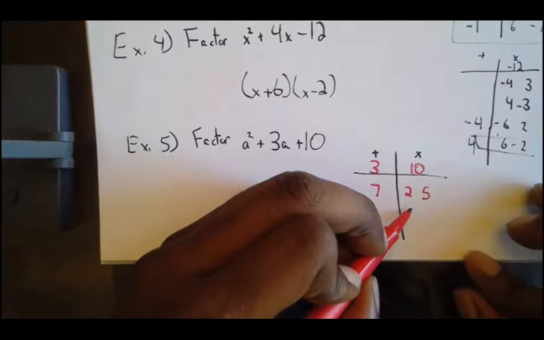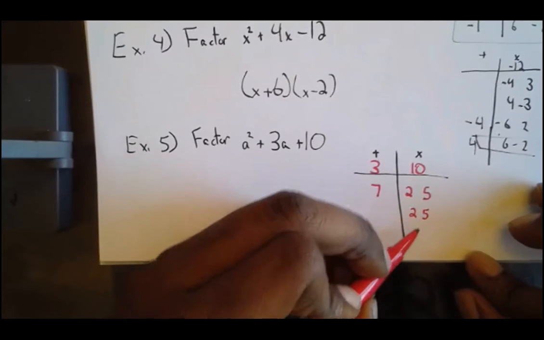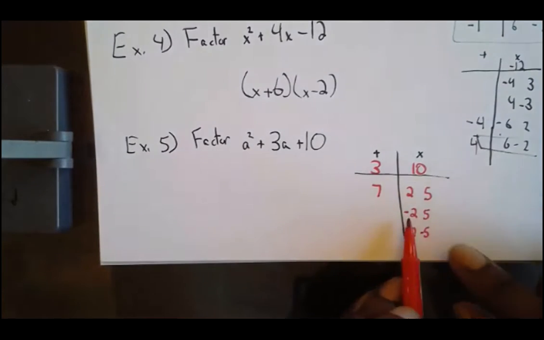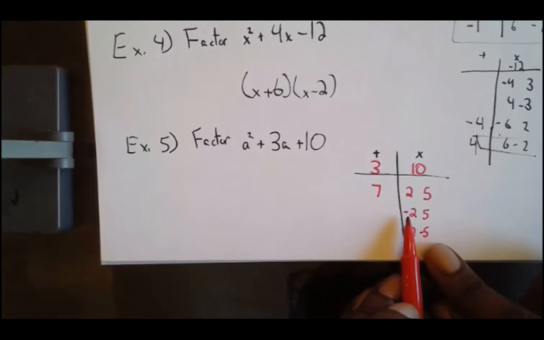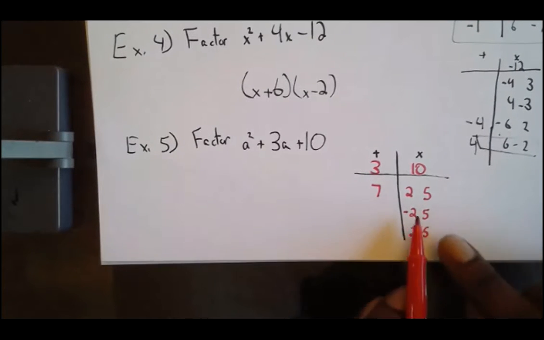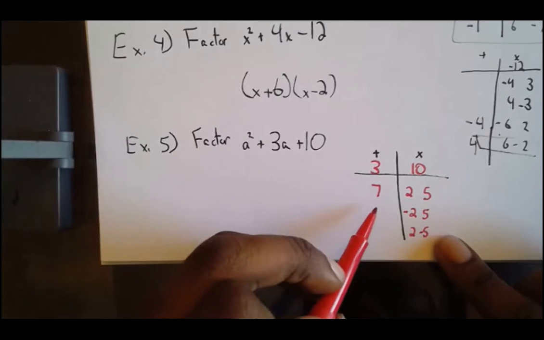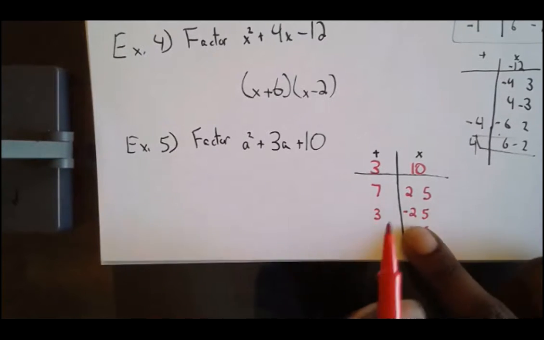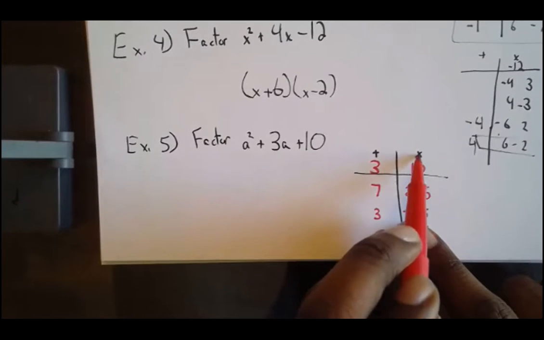Let's say we made one of them negative. If the 2 is negative, okay, so what happens if we add these numbers? We get 3, right? But the problem is what happens when we multiply these? Because we have a times sign here.